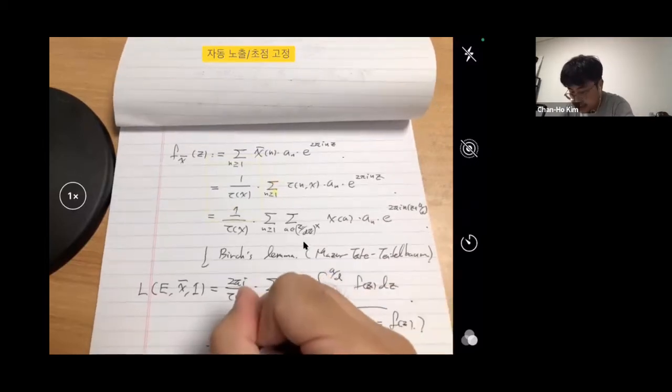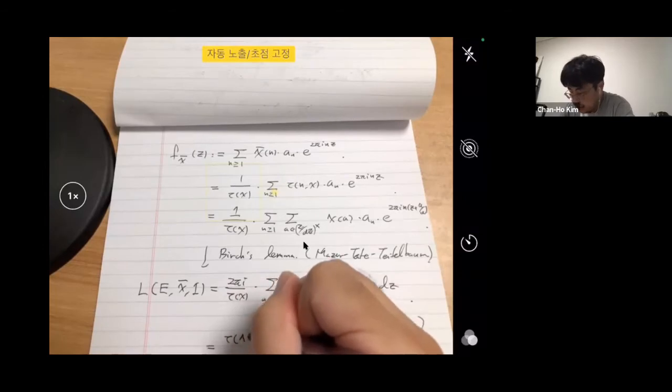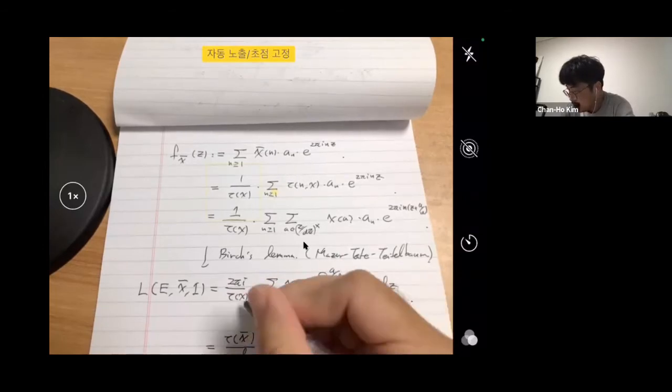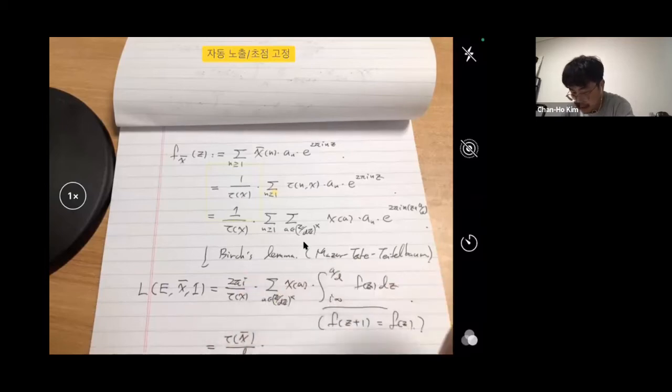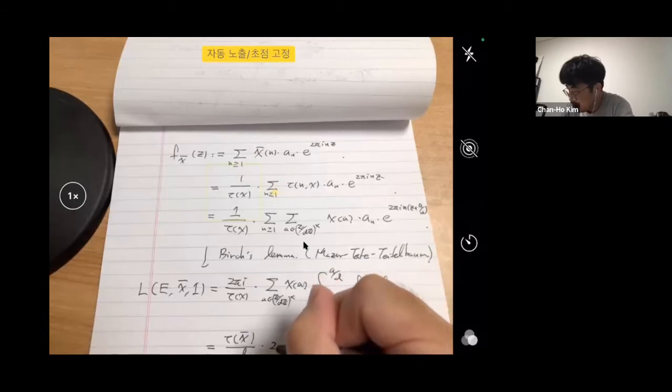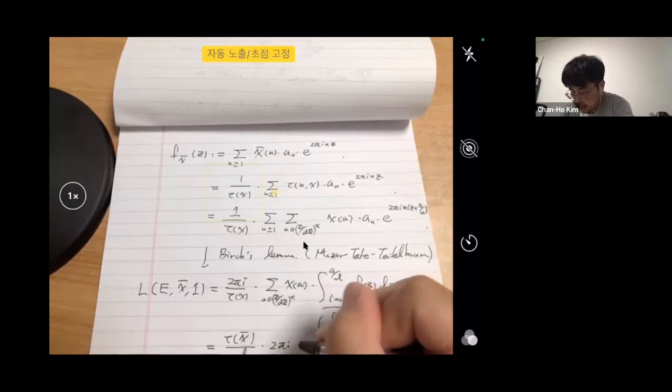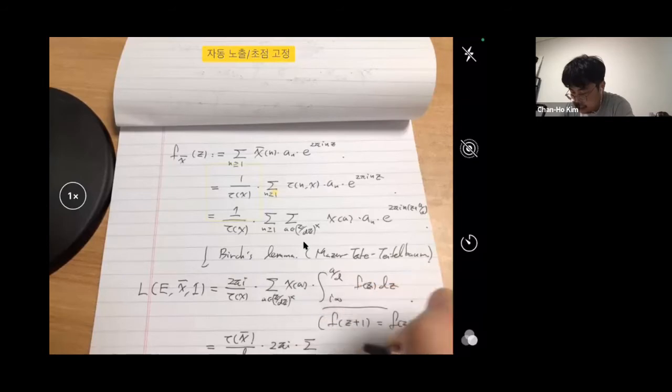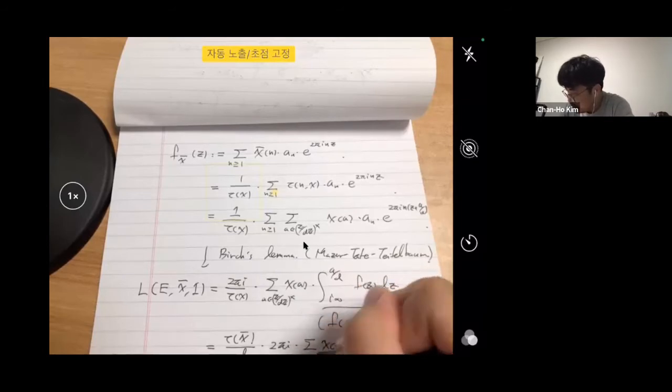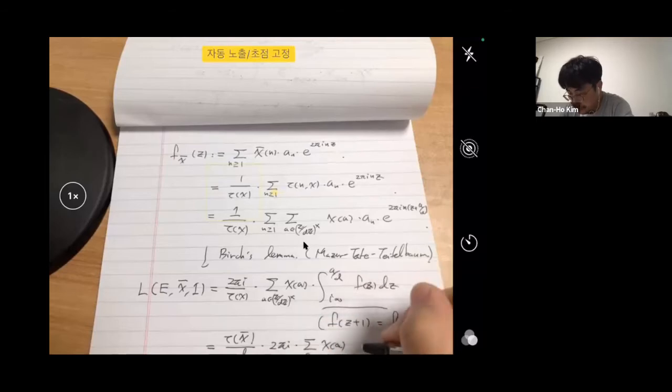And another way to say this is the following. Just replacing the Gauss sum by the different character, the inverse character, 2 pi i, sum of chi(a) running over the same group.